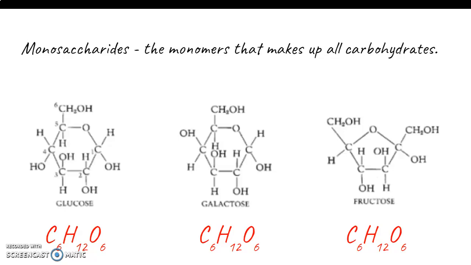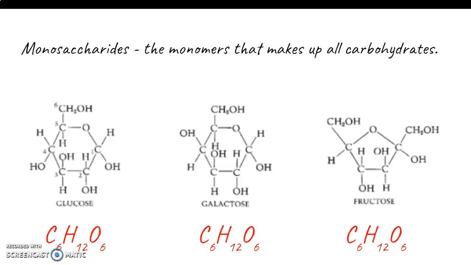But they are all monosaccharides. The other term that you probably want to jot down for monosaccharide is that it is also known as a simple sugar. These are all sugars. They're all sweet. They just have slightly different chemical combinations.